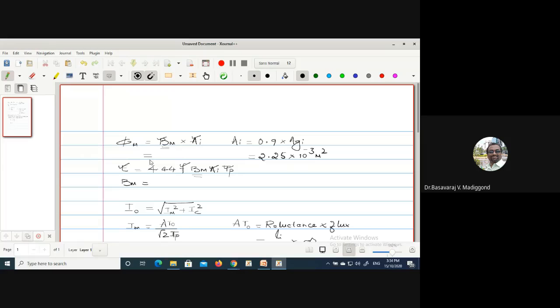So net core area you have found. Now calculate what is BM. Sir, it is 1 Weber per meter square. Okay.